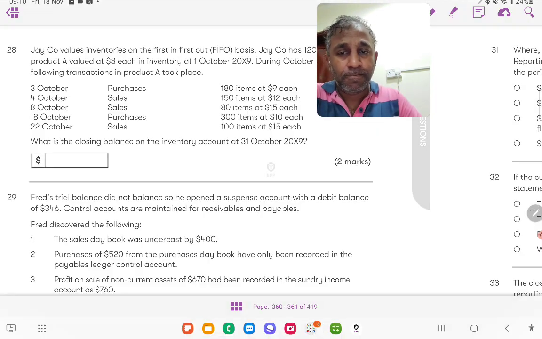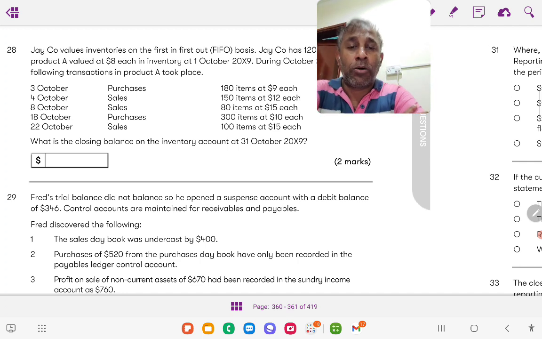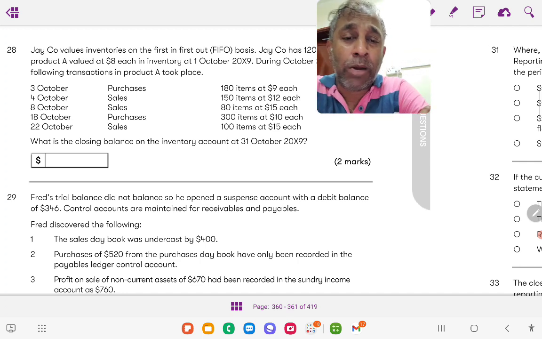The next one. On October 4th, we make a sale of 150 items. Please note that when it comes to sales and inventory valuation, we really need not worry about the selling price. Only if the question is asking about calculating gross profit do we have to worry about it.